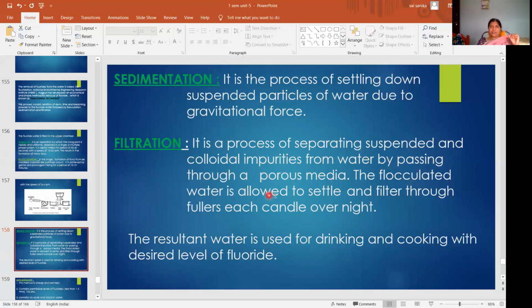So the flocculated water is allowed to settle and filter through fillers, with candle overnight. So that is filtration. The resultant water is used for drinking and cooking with the desired level of fluoride.